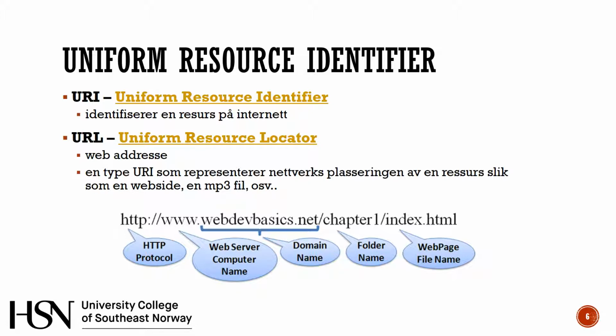The first part is what the URL specifies, which is the access mechanism, here the HTTP protocol. After that is the globally unique part of the identification. This string is unique all over the Internet, including the web server computer name, then the domain name, the folder names, and the specific file name.